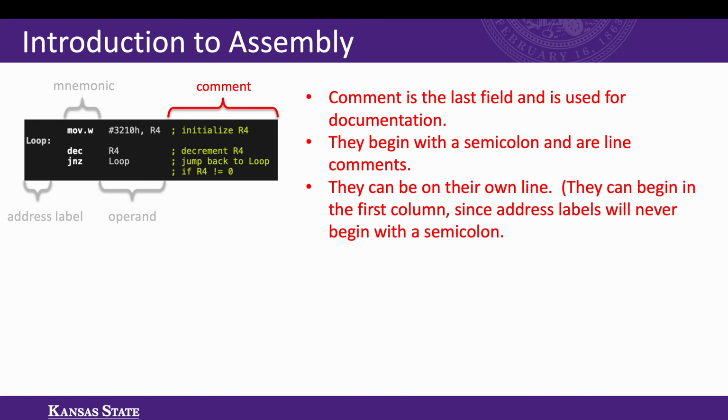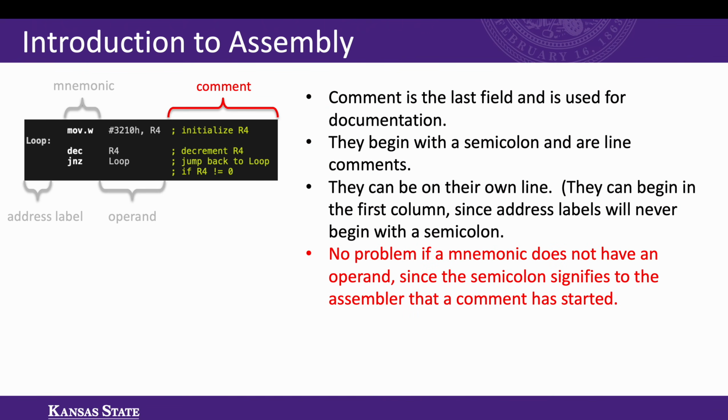This is because none of the other fields are allowed to start with a semicolon. So when the assembler sees the semicolon, it knows the line is a comment. So if the mnemonic does not have an operand, the assembler won't confuse the third and fourth fields because comments always start with a semicolon.